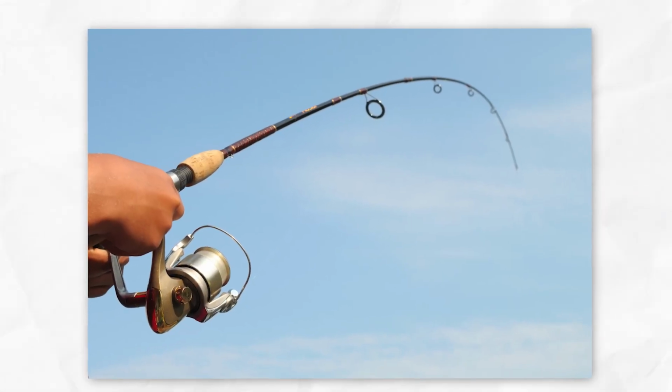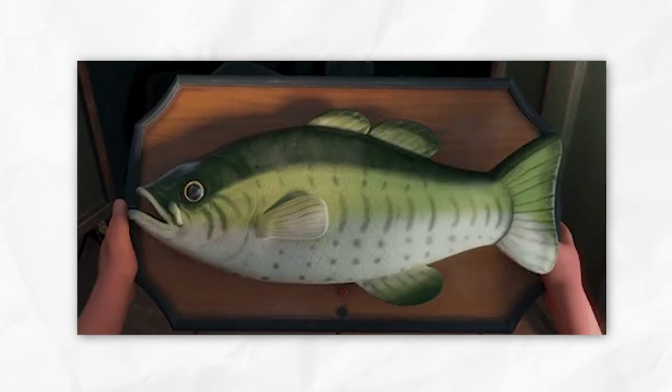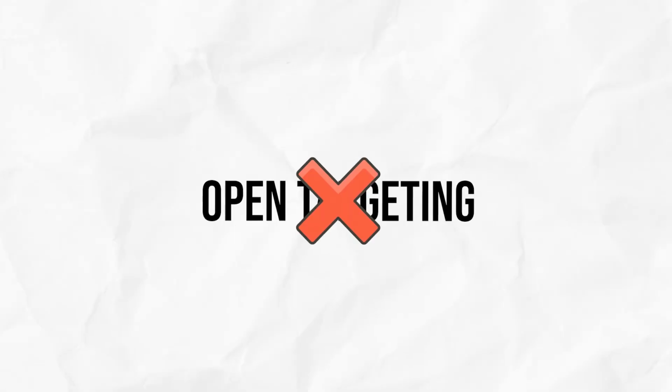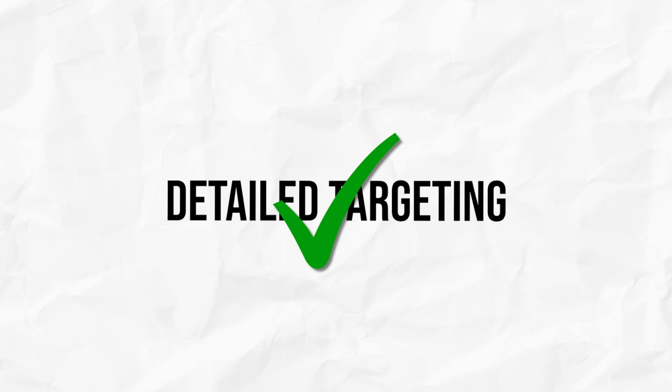If it's really quite specific, like some sort of fishing equipment and only people that go fishing, and perhaps only people that go fishing for a certain type of fish in a certain setting, whether it's fly fishing or whatever, are going to be interested in that, well, open targeting is probably not the best option in those scenarios, because only a tiny percentage of the people that could see the ads are actually even going to be interested in the slightest. With those more specific options, we do find that adding in detailed targeting options works better.